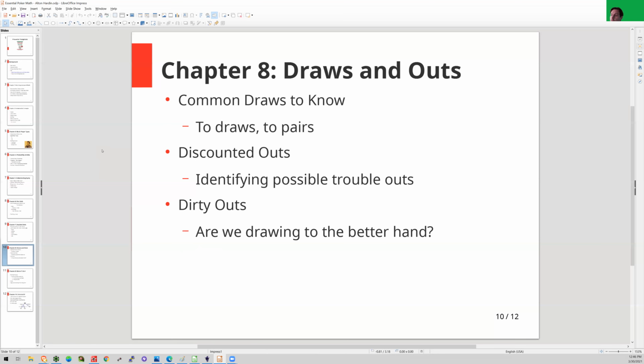And as GTO has progressed, I wanted to hear from other people how you relate to this. Is it just in circumstances where we're calling that we're thinking about draw odds, or are we moving into range versus range equities? How do you guys deal with some of this stuff?